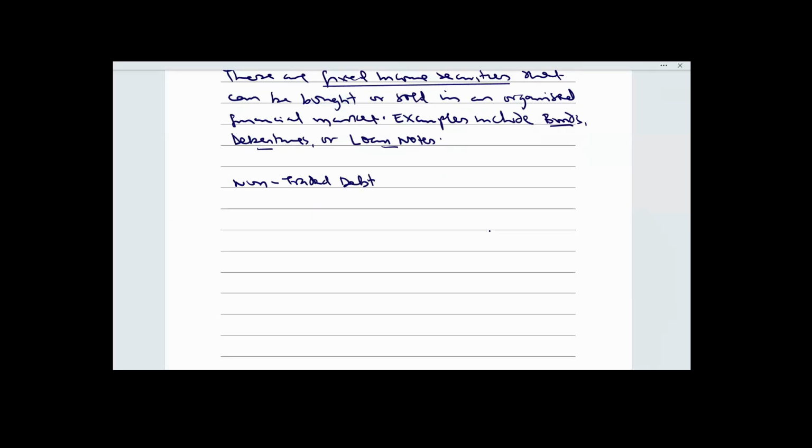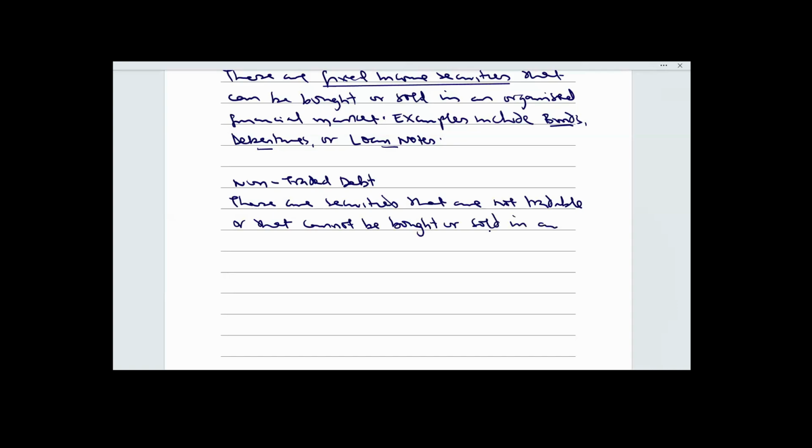These are securities that are not tradable, or that cannot be bought or sold in an organized financial market.